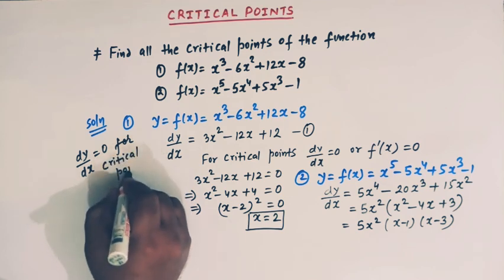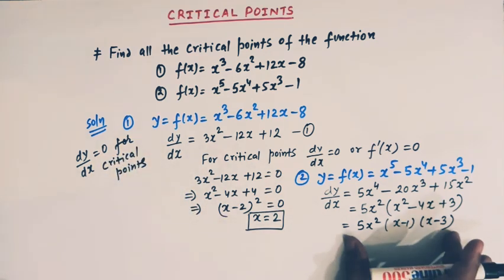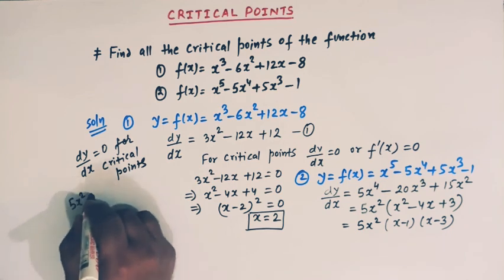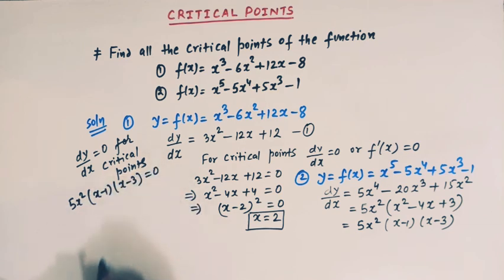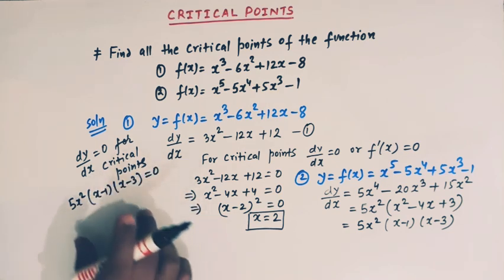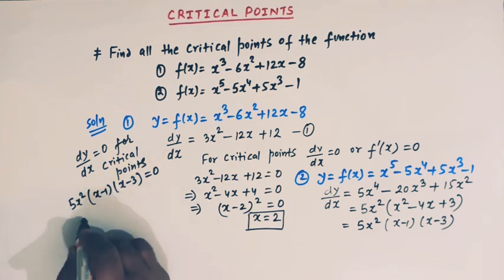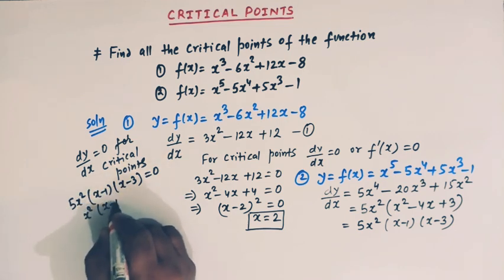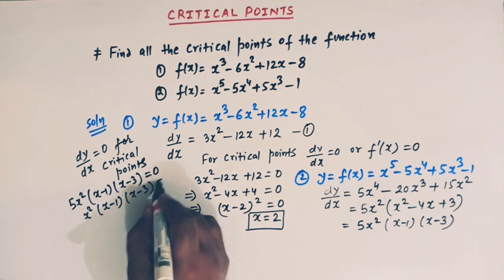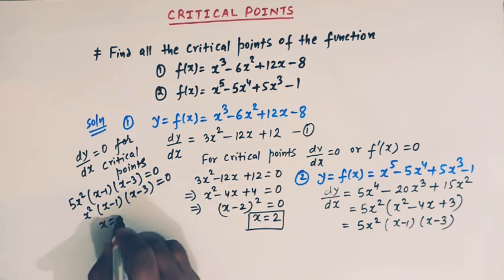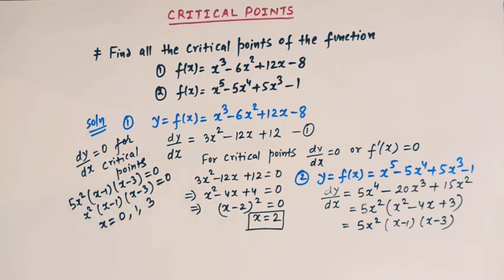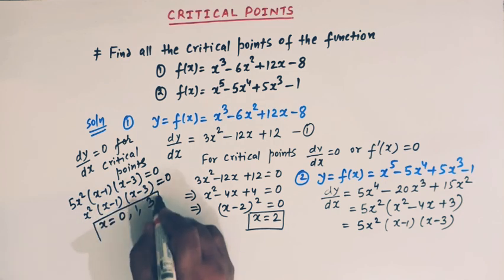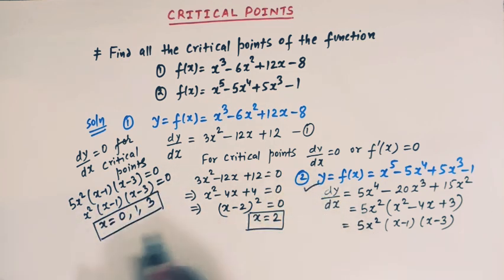Now we equate this expression to 0, so we have 5x square times x minus 1 times x minus 3 equal to 0, and if we solve this equation, we get x square times x minus 1 times x minus 3 equal to 0. So this gives x equal to 0, x equal to 1 and x equal to 3, right? So the critical points of this function are x equal to 0, 1 and 3.